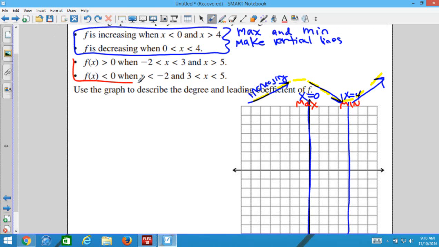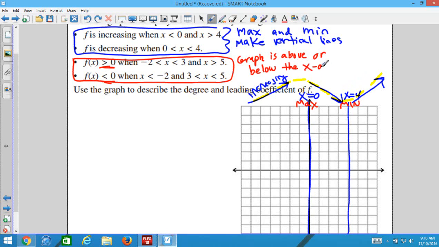Okay, the second part. Here we're talking about if f of x is greater than 0 or f of x is less than 0. What that's going to mean for the graph is that the graph is above or below the x-axis.